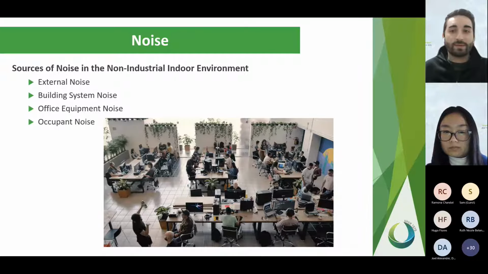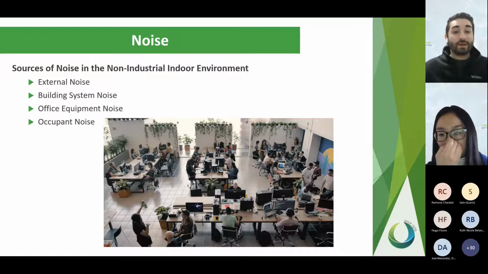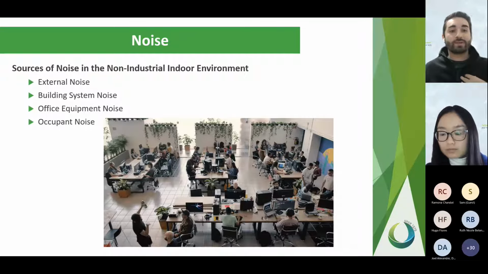So that's external noise, and that's caused by transit systems, construction, and similar things occurring outside of your space. For example, at our office, we are right beside the airport, so our external noise would be aircraft noise. And then building system noise, that's pretty much caused by the building's components. So your heating and air conditioning systems, electrical systems, plumbing, elevators, and other building supports.